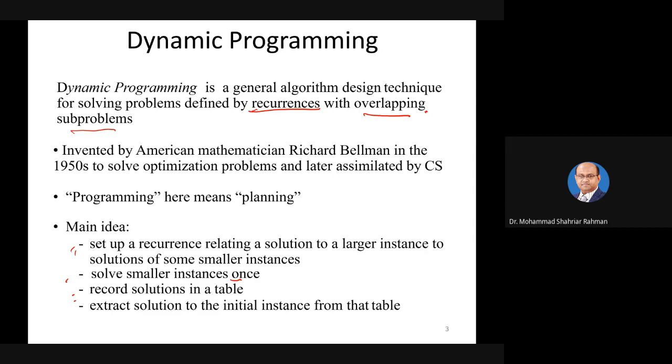And once those smaller instances or sub-problems are solved, store it in a table. So record solutions in a table, and then extract the solution to the initial instance from that table.